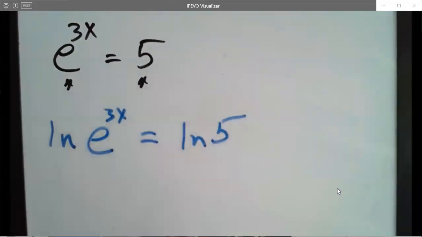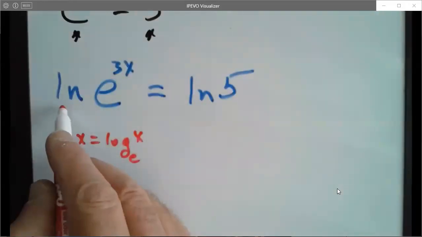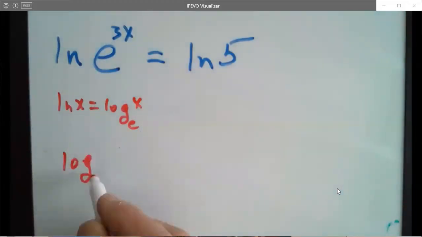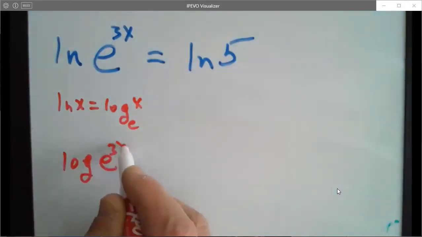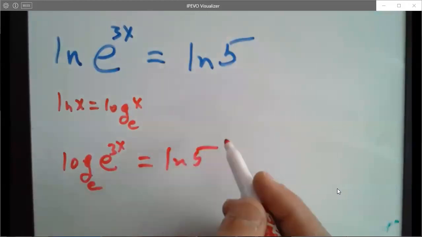Natural log is log base e, right? So what we're saying here is log base e of e to the 3x equals natural log 5.